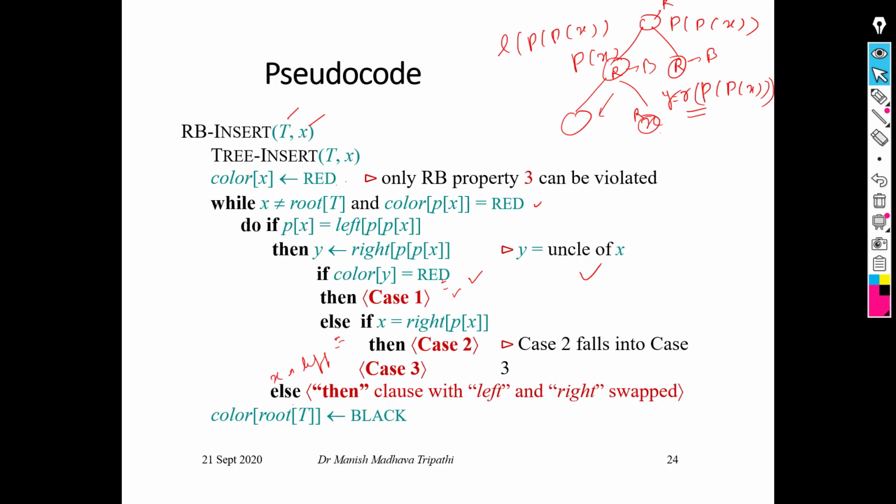The parent was red and therefore it will become black and become the new grandparent here, and the grandparent will be recolored red and become the right child of its parent. This will be the situation of case number 3. In this way we can understand how the pseudo code can be written for the insertion case algorithm here.